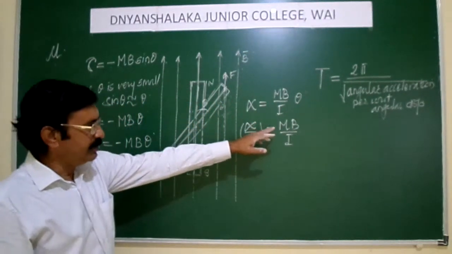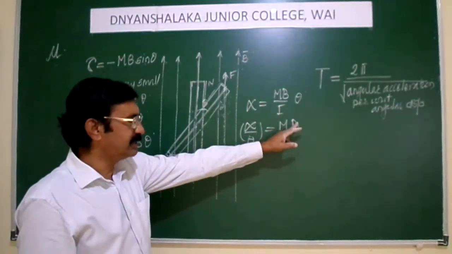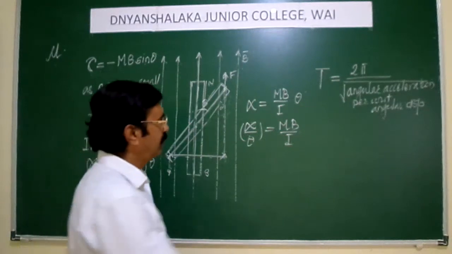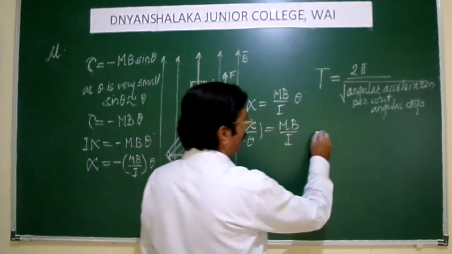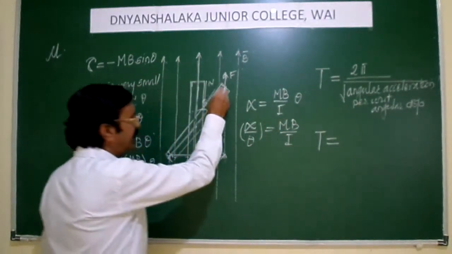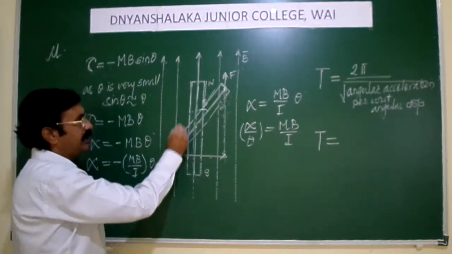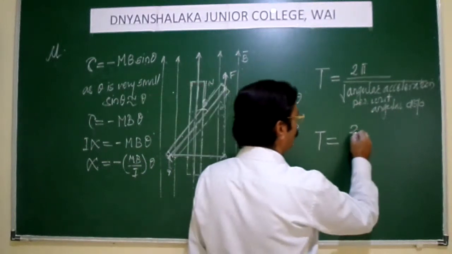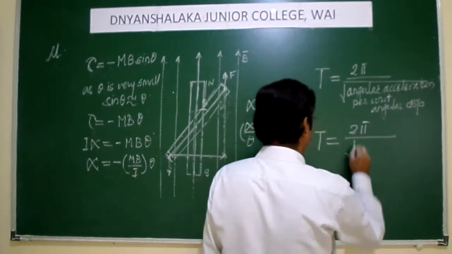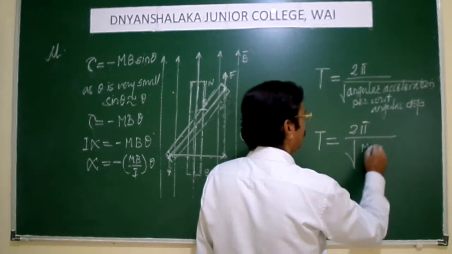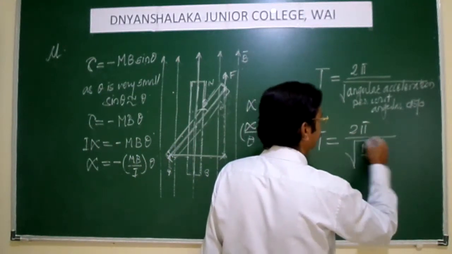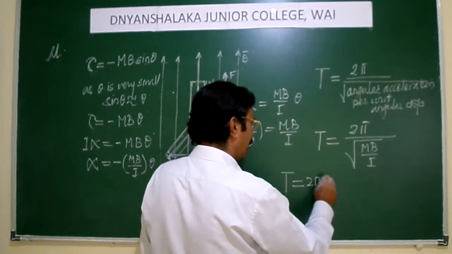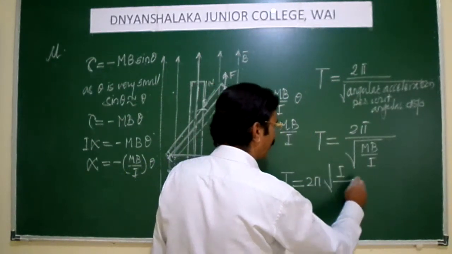So m is the magnetic dipole moment, B is the magnetic induction, and I is the moment of inertia of the bar magnet. From this we can find out the period of oscillating bar magnet in uniform magnetic field of induction B. T will be equal to 2 pi upon under root mB upon I. So period is 2 pi root of I upon mB.